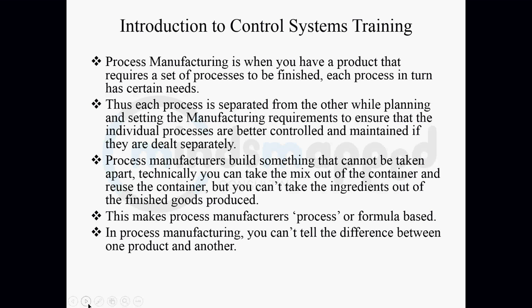You can clearly separate them: this is brand A, model X, this is brand B, model Y. But in process manufacturing, you can't do that. You can't say that this gasoline that I'm getting is from manufacturer A or B. You can't just look at the container and tell whose gas it is, right?